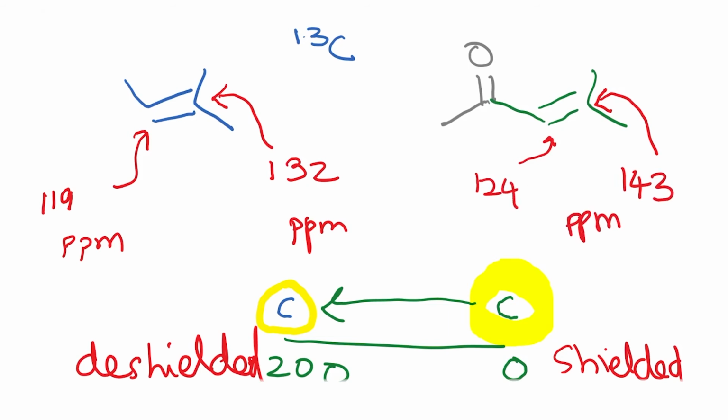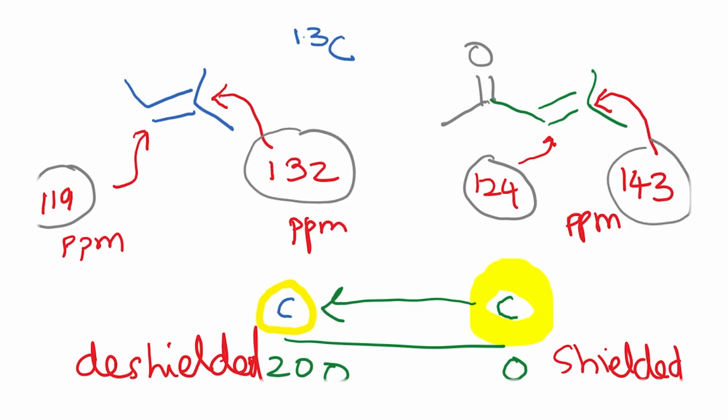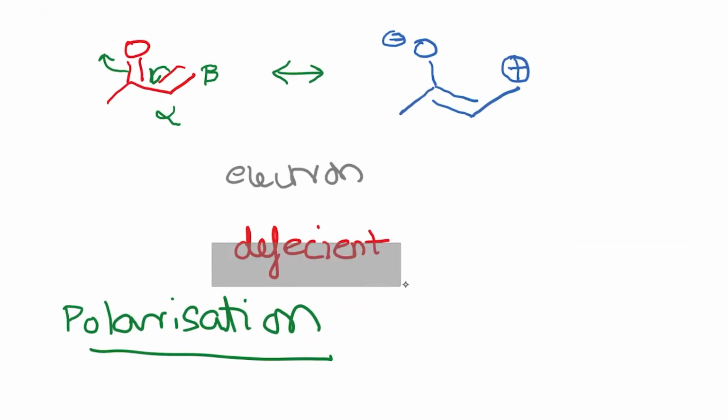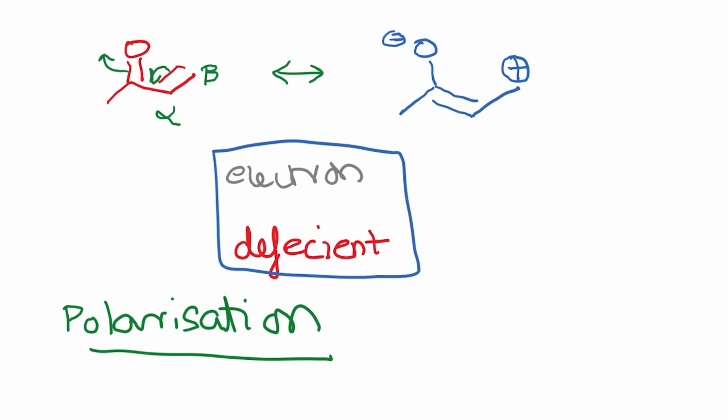If I compare 119 and 124, I see a shift towards the more de-shielded region. Similarly, comparing 132 and 143, there is a substantial de-shielding going on. So this spectroscopic data supports the resonance form that we looked at in the previous slide. It suggests that this kind of electron deficient carbon is actually present.